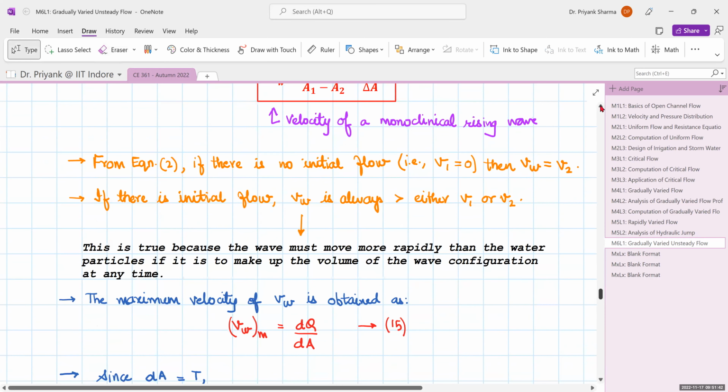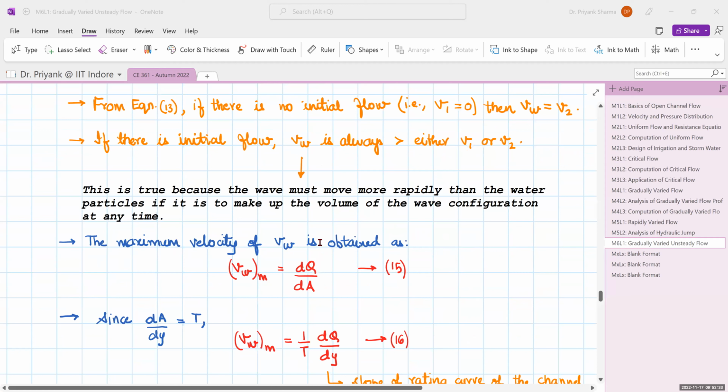And if there is initial flow, your Vw will always be greater than either V1 or V2. That is a condition. This is true because your wave must move more rapidly than the other water particles if it has to make up the volume of the wave configuration at any time. So that is why this principle is fundamentally valid.